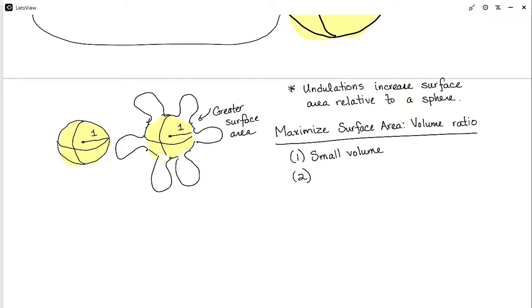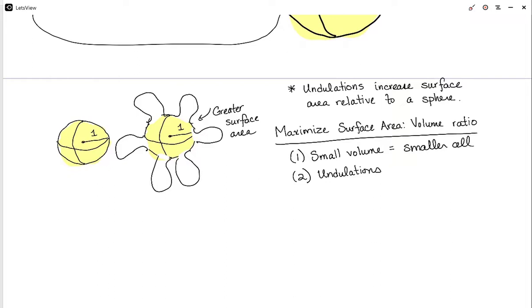That means a smaller cell. And I'm going to have undulations. In other words, I'm going to move away from just the nondescript spherical cell that I so typically see.